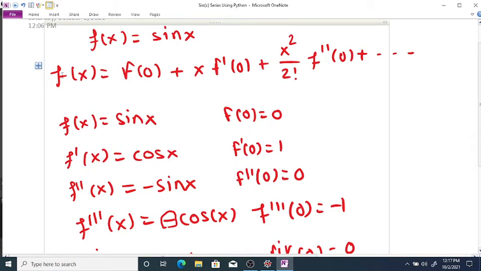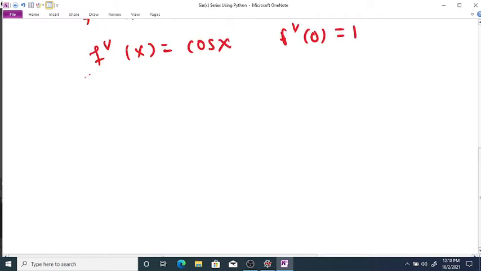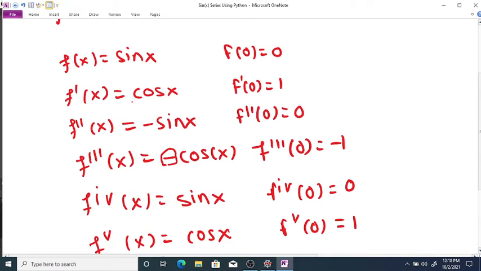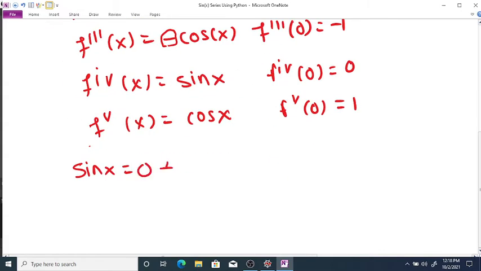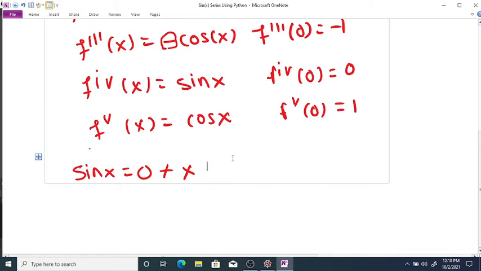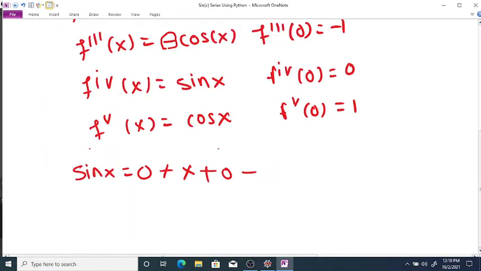If you substitute all these values in this equation, then you will get f of x, that is sin x, is equal to f of 0, so f of 0 is 0, plus x f dash 0, so it is 1, then f double dash 0 is again 0, so again it is plus 0, then next f triple dash 0 is minus 1, so it is minus x cube by 3 factorial.